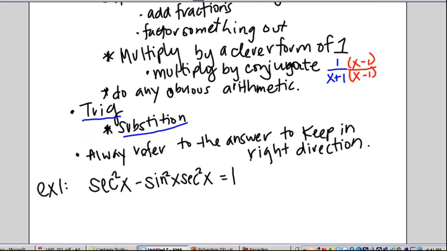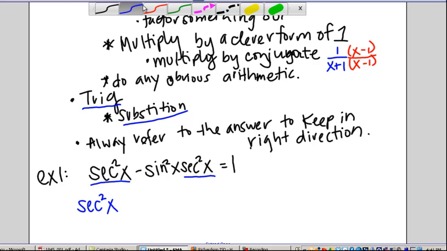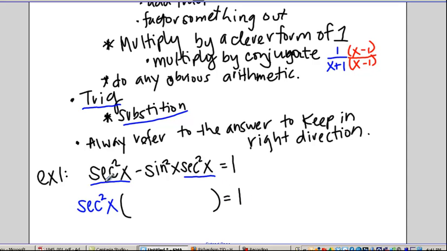We don't have any fractions here. But what if we factor something out? If you notice, both of our terms have secant squared. So if we pull out secant squared of x and put parentheses here, you're left with 1 minus sine squared of x.